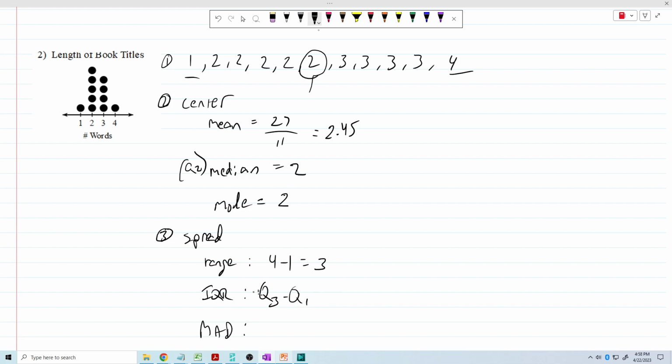So we need what Q3 and Q1 are. Q3 means the median of the upper half. You got 5 numbers on the upper half, which means the middle number there, 3, is in fact Q3. Minus, 5 numbers on the lower half. The middle of those 5 happens to be number 2. So 3 minus 2 is 1. That's your interquartile range, guys. Easy. We can crank these out like nothing.